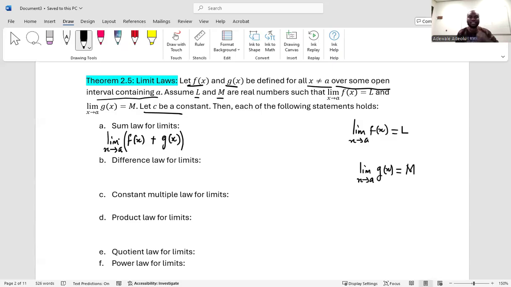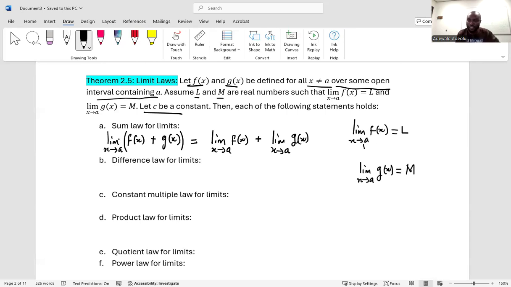So we are fine. Now, what the basic limit law is saying is that when we add two functions together and take the limit as x goes to a, we can have it as the limit of f of x as x goes to a, added to the limit of g of x as x goes to a. So what do we see here? The limit can move inside the parentheses, and we can handle them separately.